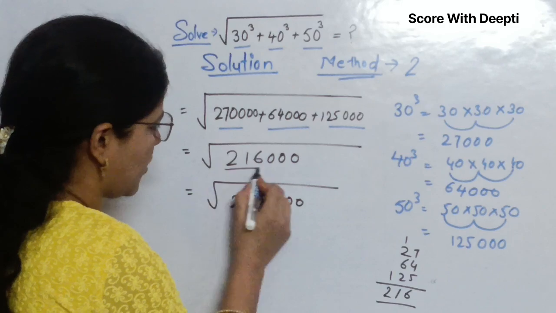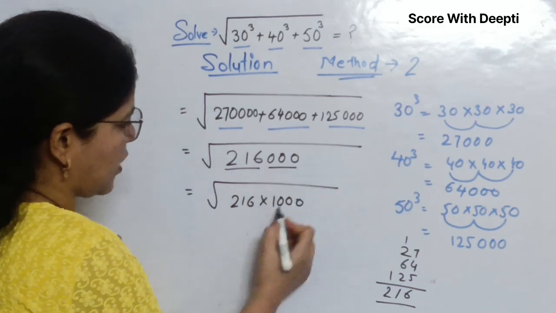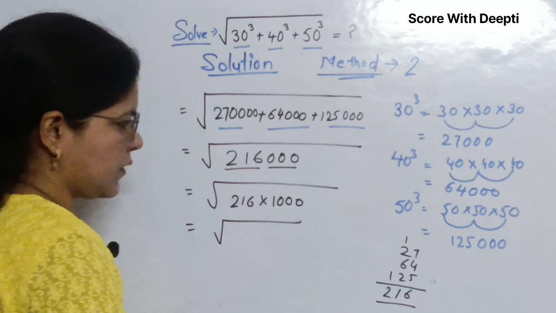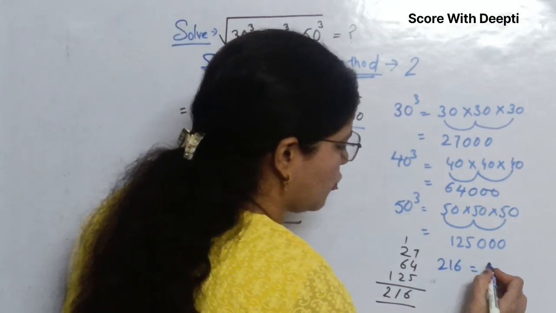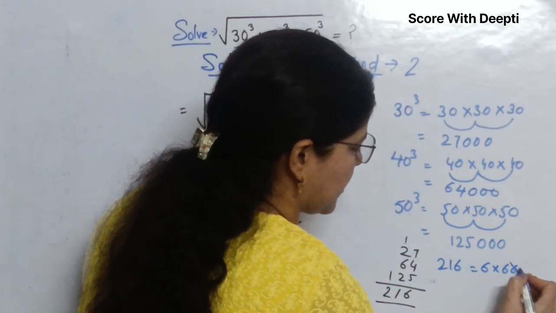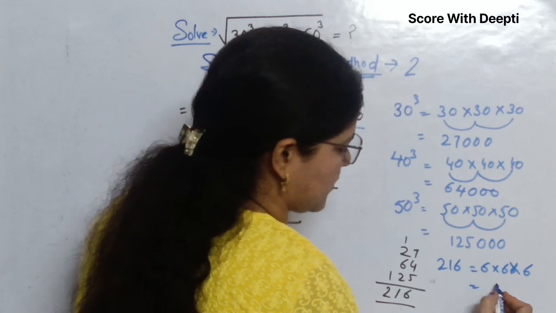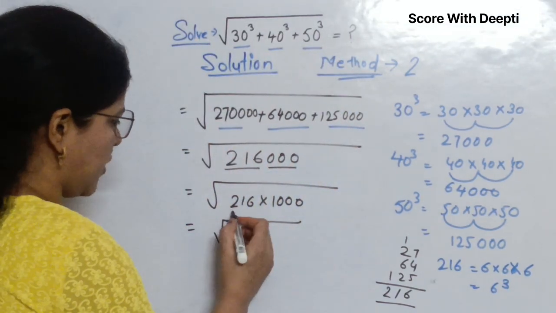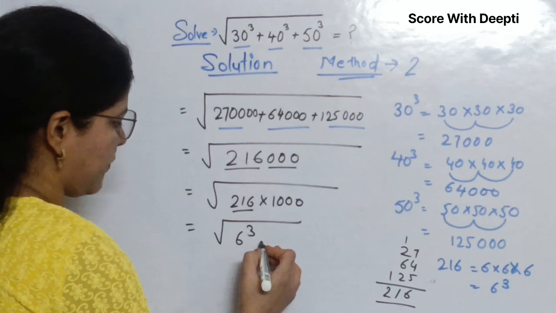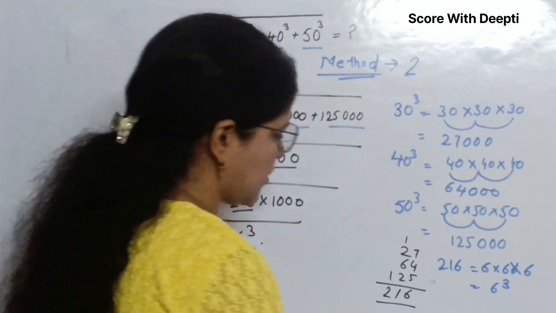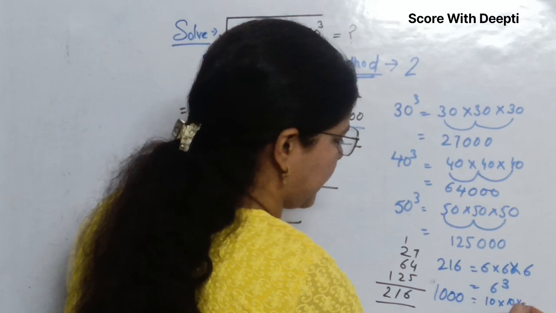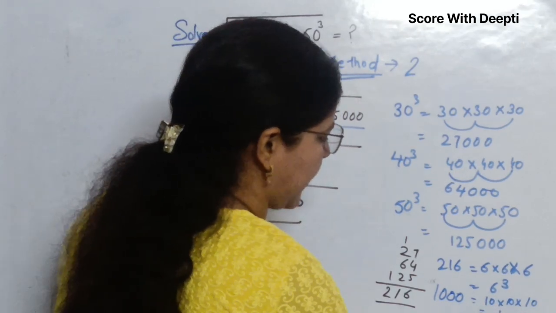We separate 216 and 1000. Next, 216 equal to 6 times 6 times 6, means 6 cube. Now in place of 216 we will write 6 cube, and 1000 equal to 10 multiply 10 multiply 10, means 10 cube.